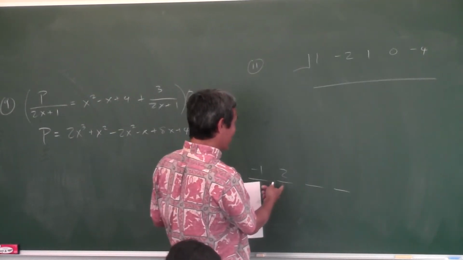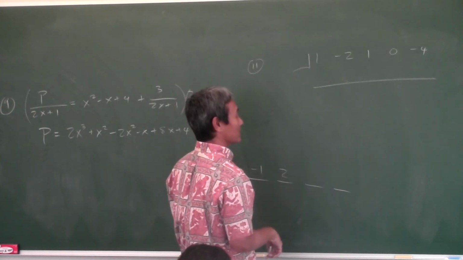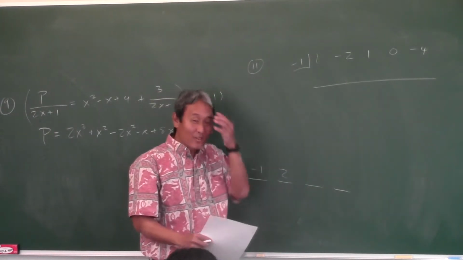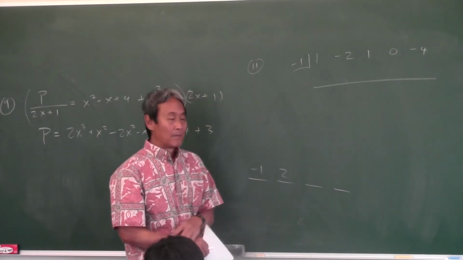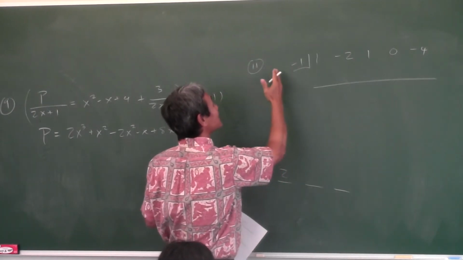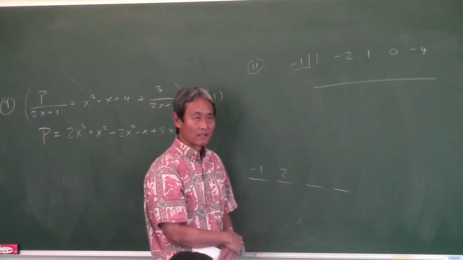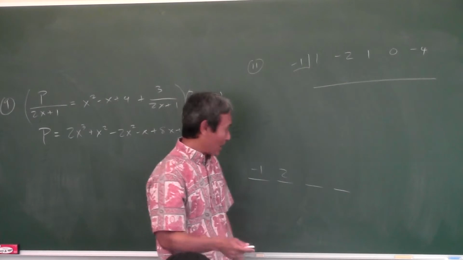Well, if negative 1 is a root, what do I put in the box? No, negative 1. I did this problem for you last week. Remember, when you do synthetic division, you're dividing by x minus the number in the box. What is x minus negative 1? x plus 1.